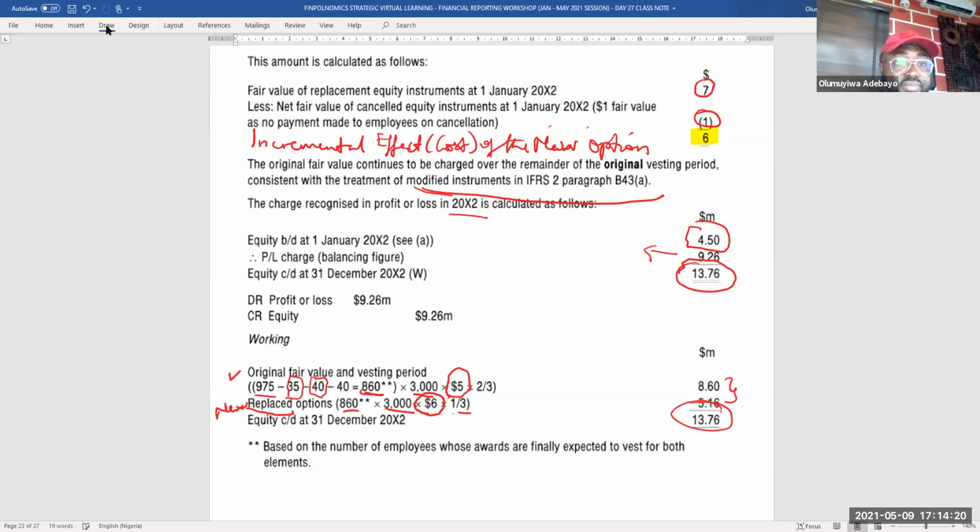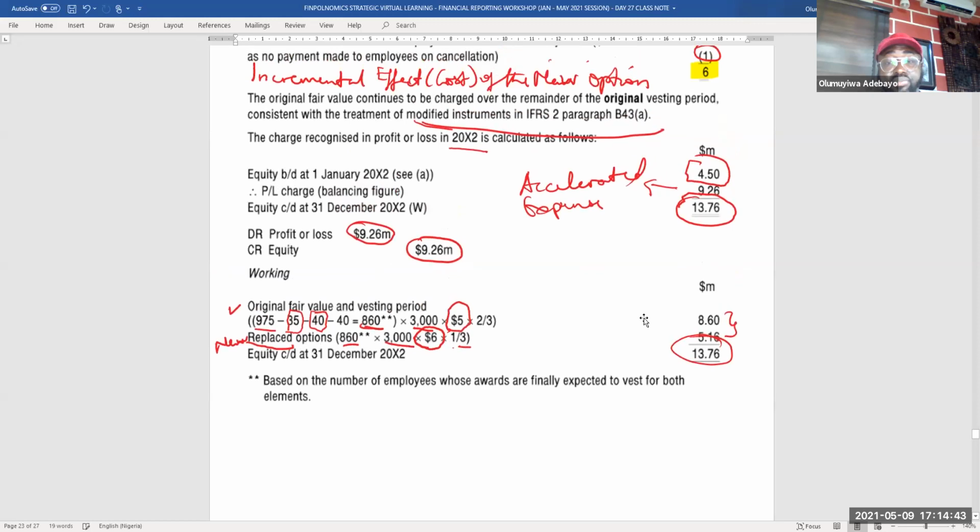Accelerated expense, which is charged to your profit or loss, 9.27. And at that point in time, that is how you recognize a debit to your profit or loss and a credit to your equity. Any question on that?